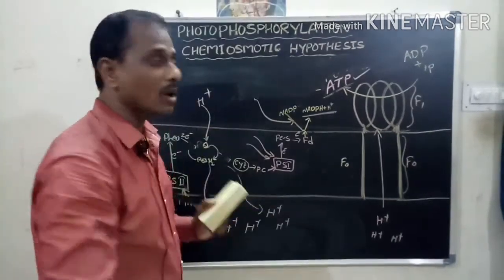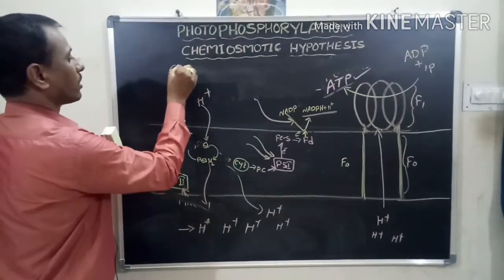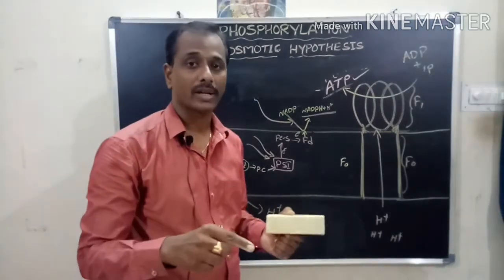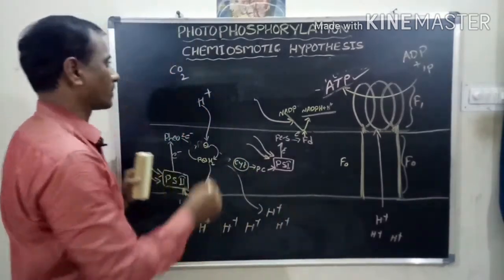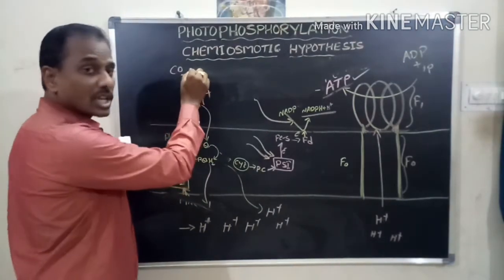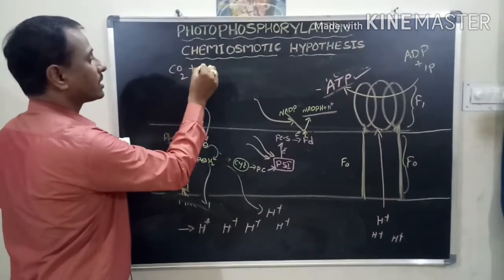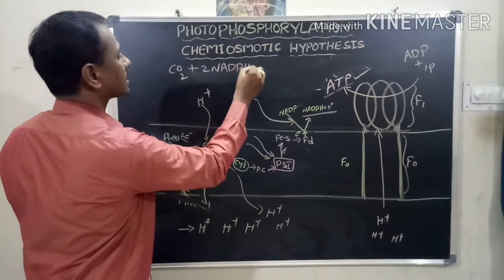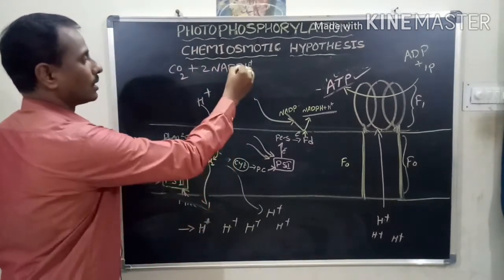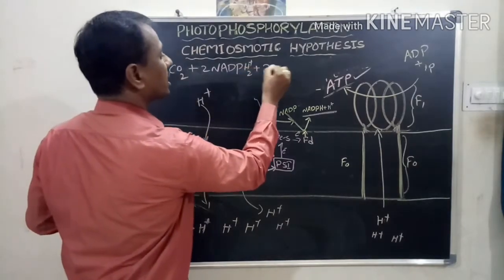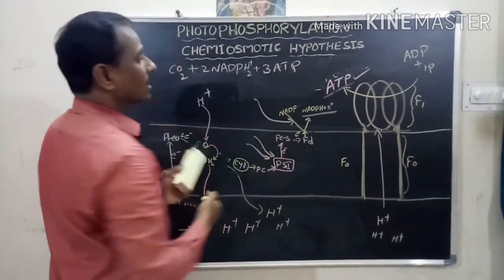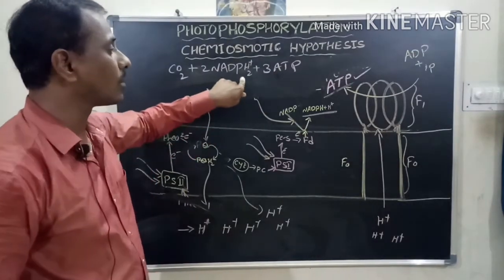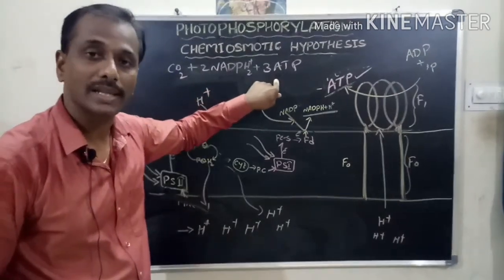For the fixation of a single carbon dioxide molecule into carbohydrate, in the dark reaction, 2 NADPH2 and 3 ATP are essential.